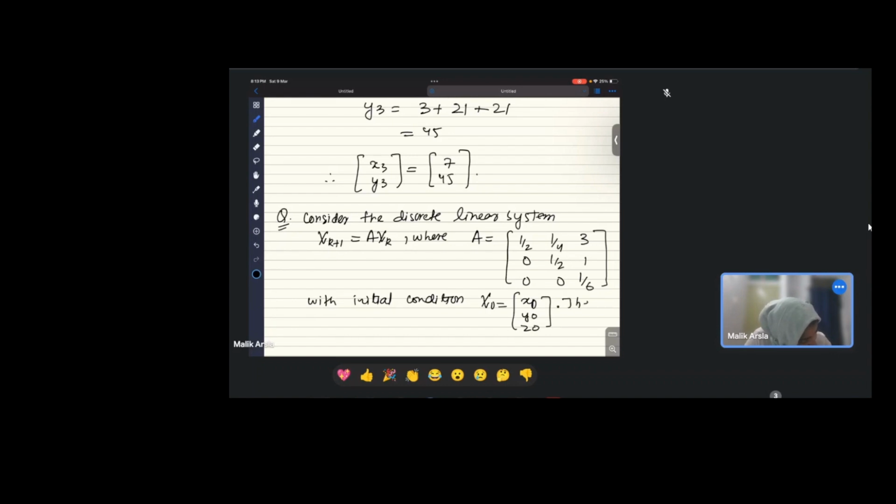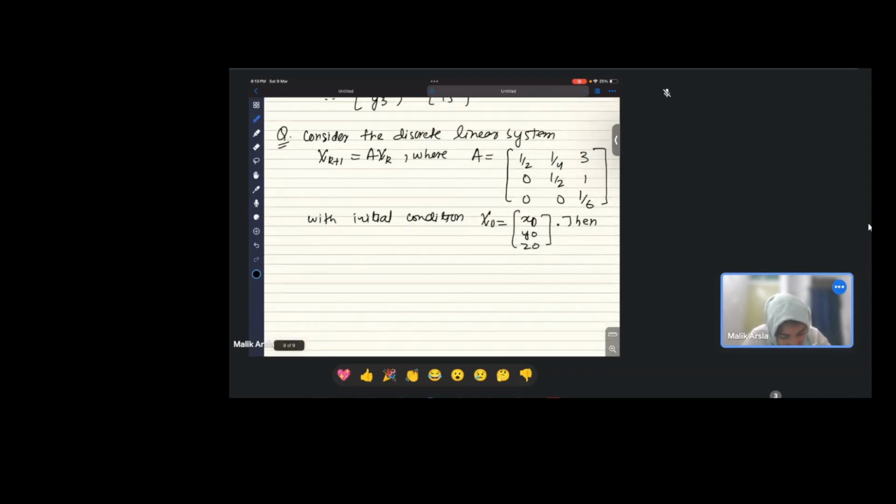Then there are certain options. A to the k tends to 0 as k tends to infinity, with A 2 norm given as 4.1667.